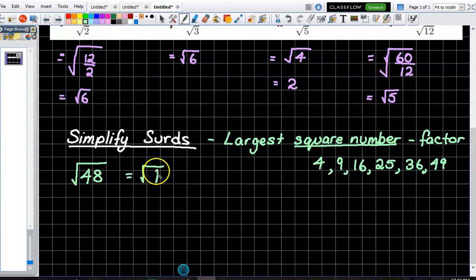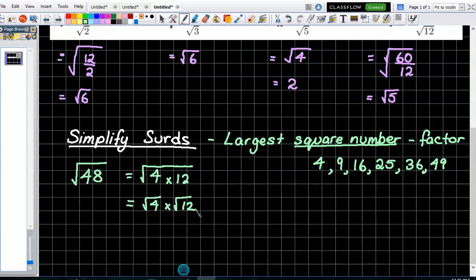So this means it's 4 times what gives you 48? 4 times 12, right? Now, you don't have to write this down. Wait for me to finish because I'm doing it long-winded. We know now that we can separate this to be root 4 times root 12.